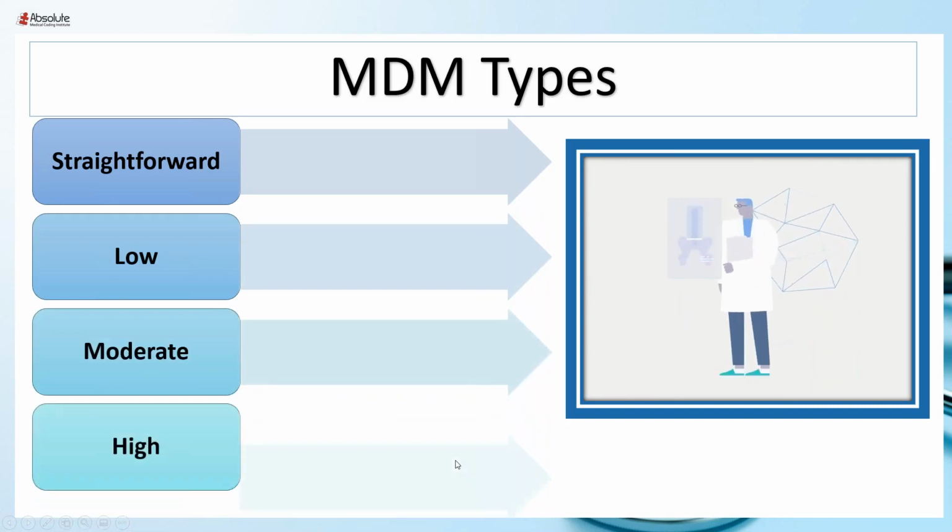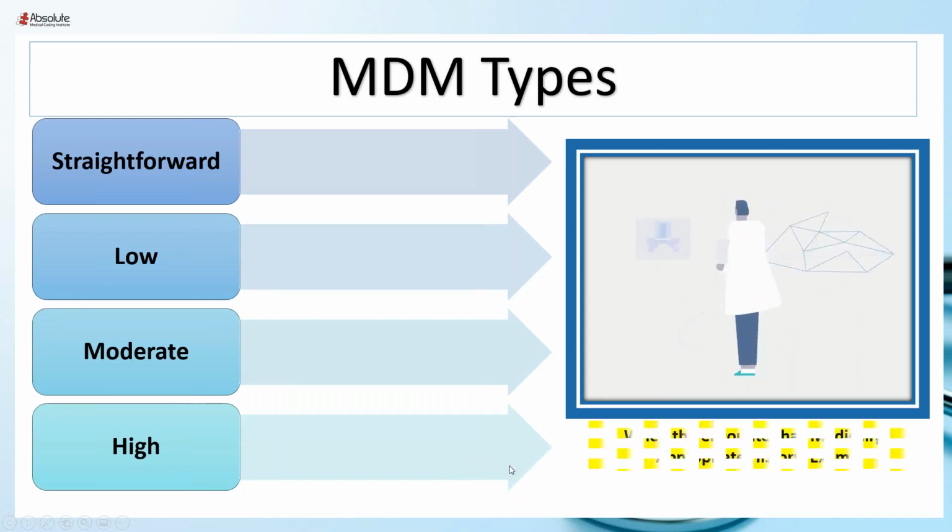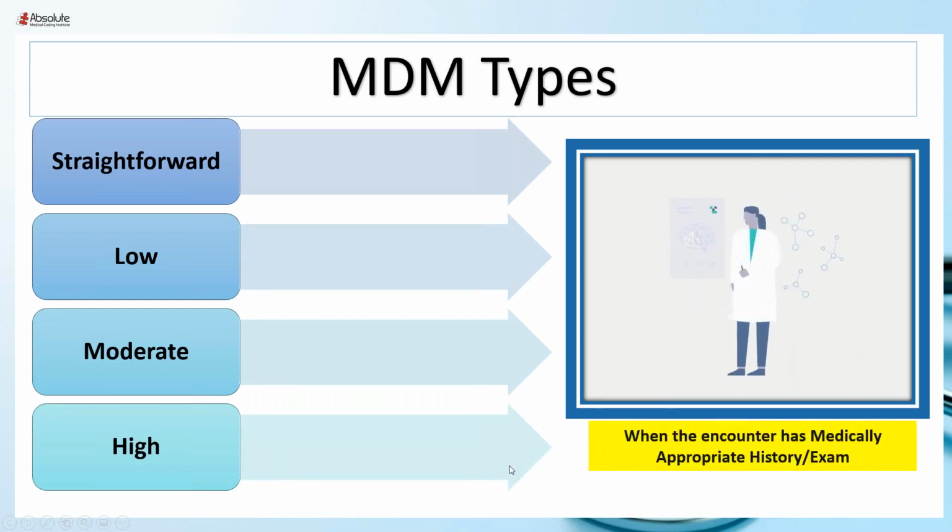And all of these levels have a code assigned to it. Now, when that encounter has a medically appropriate history and or exam, we can just go ahead and score the documentation to determine the MDM.